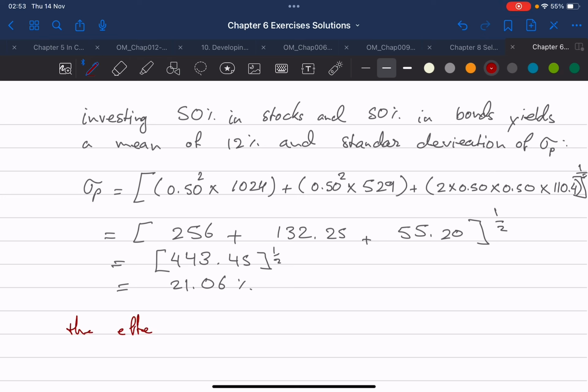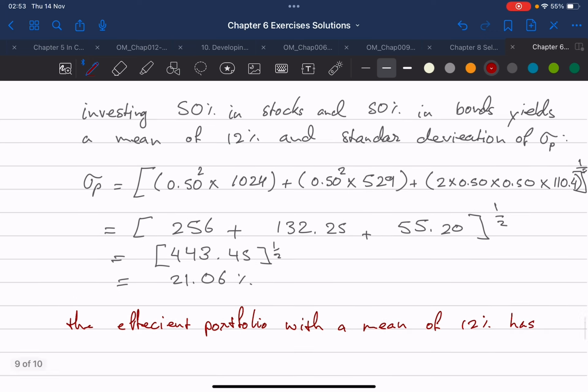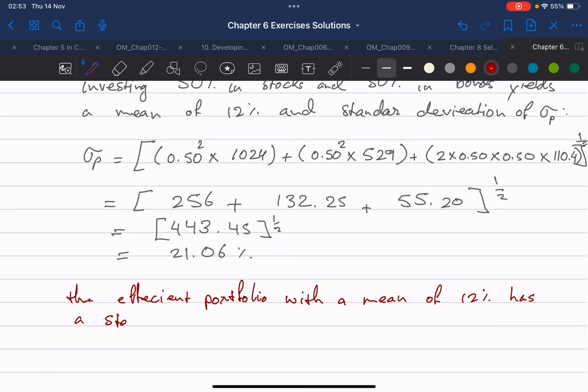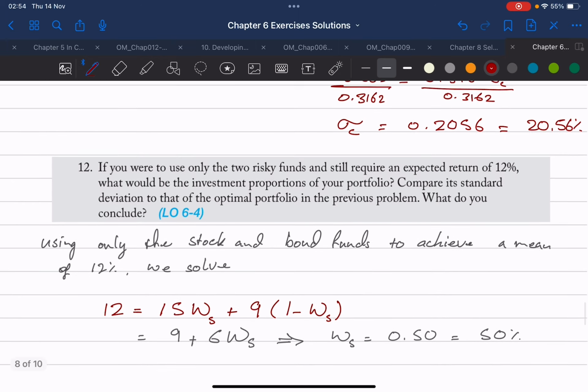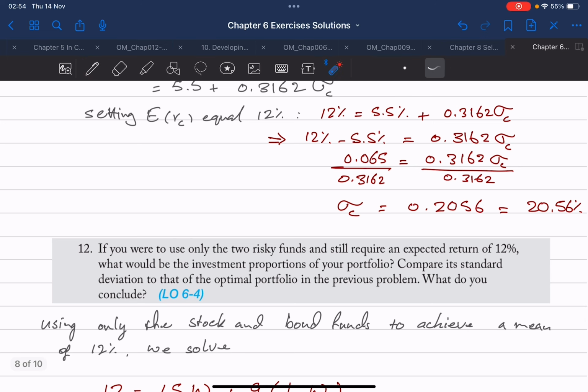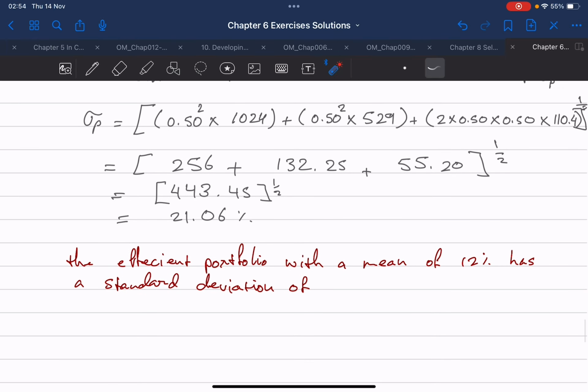The efficient portfolio with a mean of 12% has a standard deviation of, what was the standard deviation here? 20.56%, okay, because it had a risk-free component.